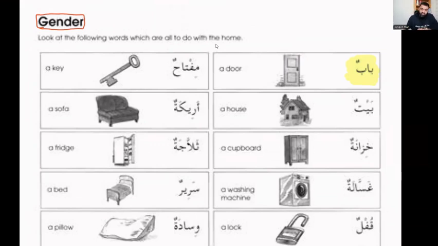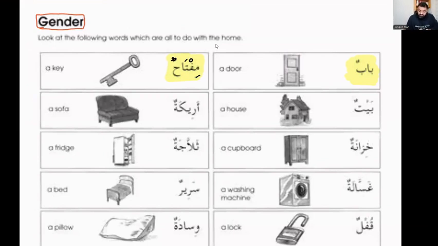Good. And then we move to this side. The word for key is? Miftahun. Very good. Is that masculine or feminine? Masculine.